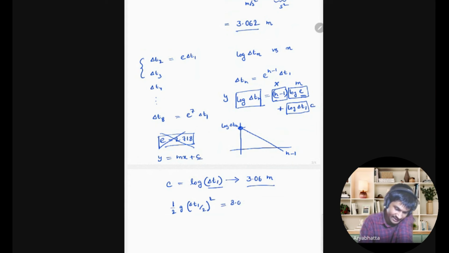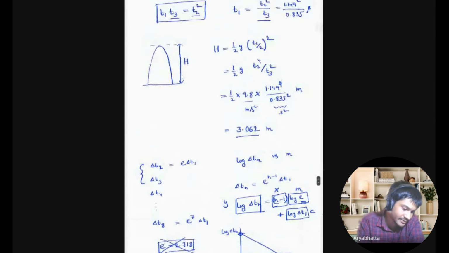That gives us height equal to 3.06 meters. So there are two approaches. One is just taking two values, T3 and T2, and calculating the time for the first collision, or the alternative approach is take all the data points, plot a graph, and that will help you to find the first collision time. And so in this way, we can solve this problem.